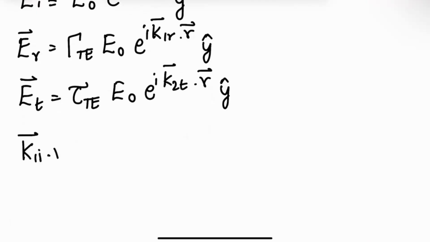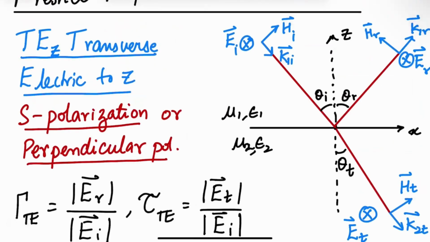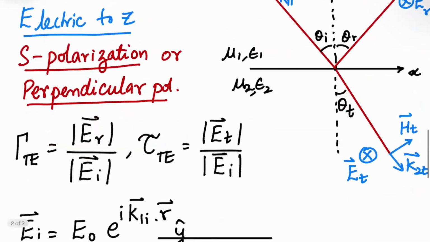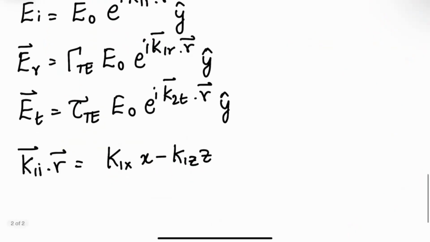k1I dot r is nothing but k1x x minus k1z z. If you look at k1, it is in the positive x direction, there's a component, and in the negative z direction, there's a component. Right? And those components, if I write them as these, then you have to put the negative sign outside.